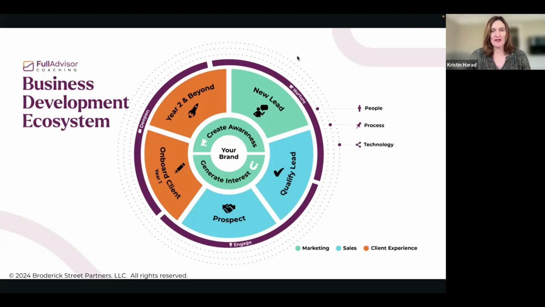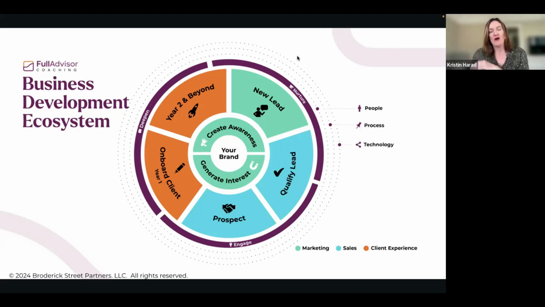So I wanted to pull that together into a visual to bring home the point that it's not linear, right? Sure, within each section you'll have your funnel, where you bring a person in, and you'll have an autoresponder and the follow-up.